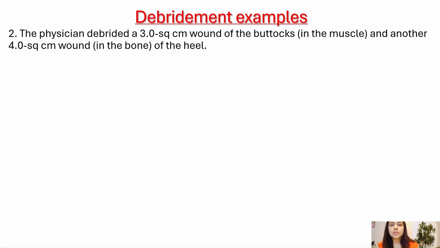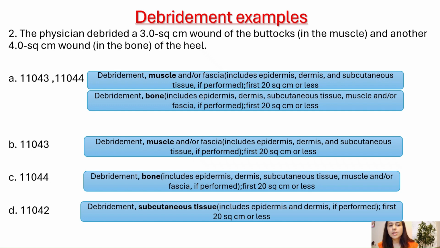The next example is the physician debrided a 3 square centimeter wound of the buttocks in the muscle and another 4 square centimeter wound in the bone of the heel. So here the depth is the muscle and the bone. So the options are, the first, option A has the highlighted part as muscle and bone.